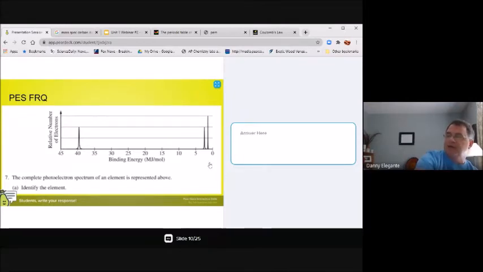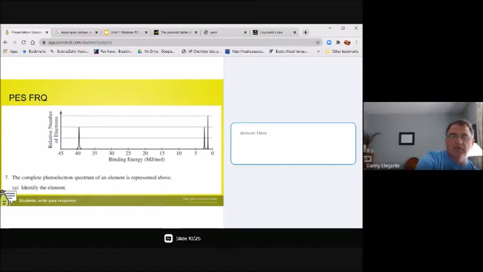If it had been oxygen, it would have been this peak as normal, the second peak at about 3, and then this very last peak, instead of being 3 bars high, would have been 4 bars high, because oxygen has 1 more electron, or a total of 8 electrons. So that peak would have reached up almost to the top where the green is, right? So that's how we read one of those.